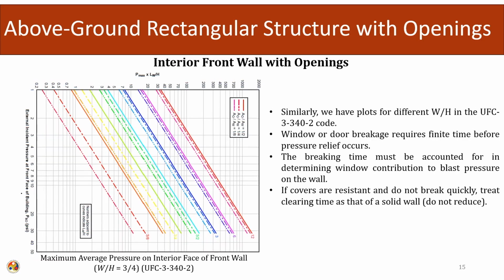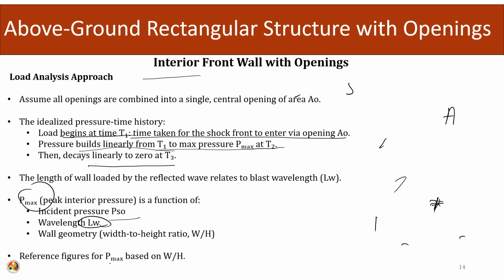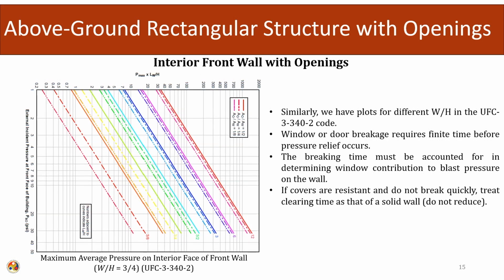wall. Here we can see the variation of the P max based on all these criteria. This is P max, expressed in terms of the width ratio. We are shown the maximum average pressure on the interior face of the front wall, and again we are getting this from the UFC 340.